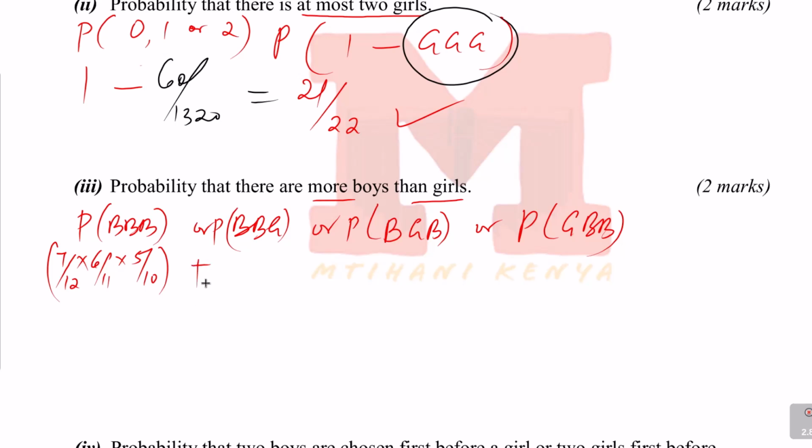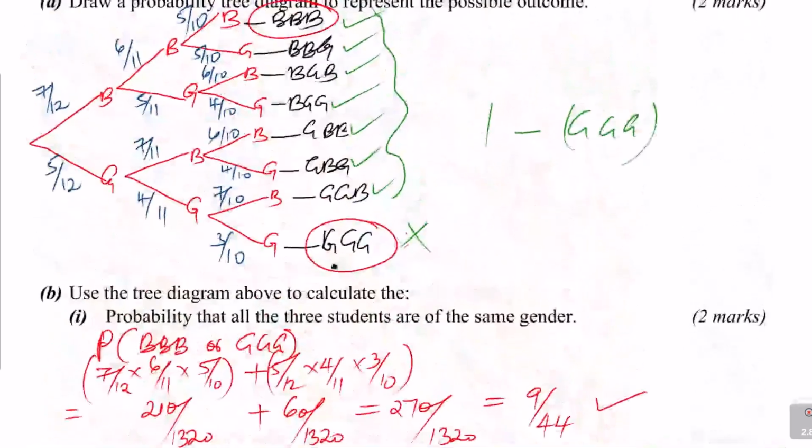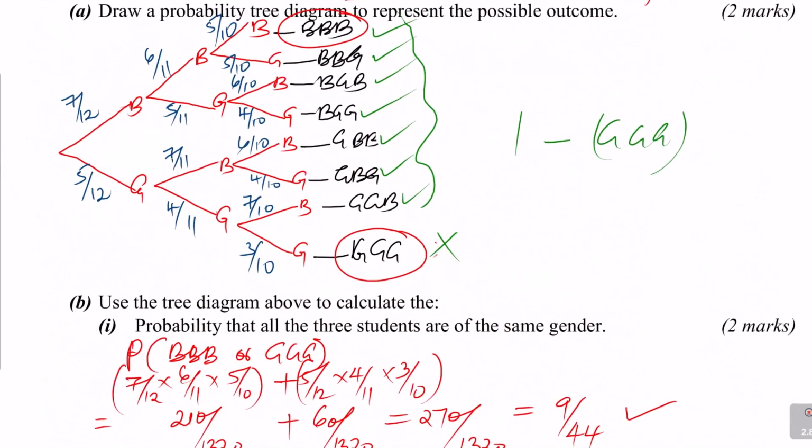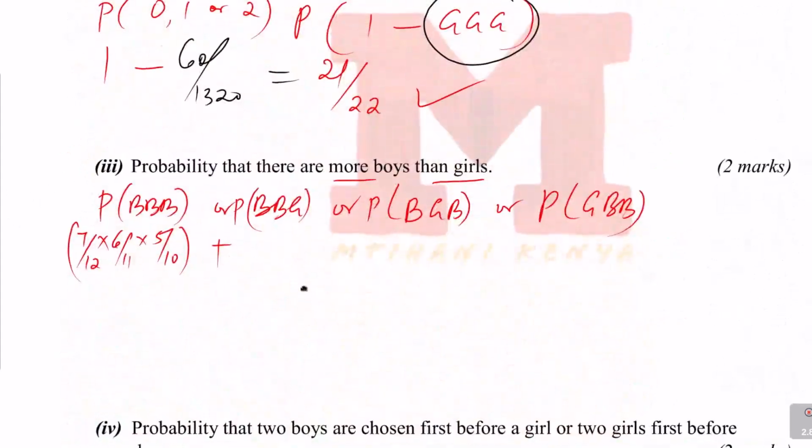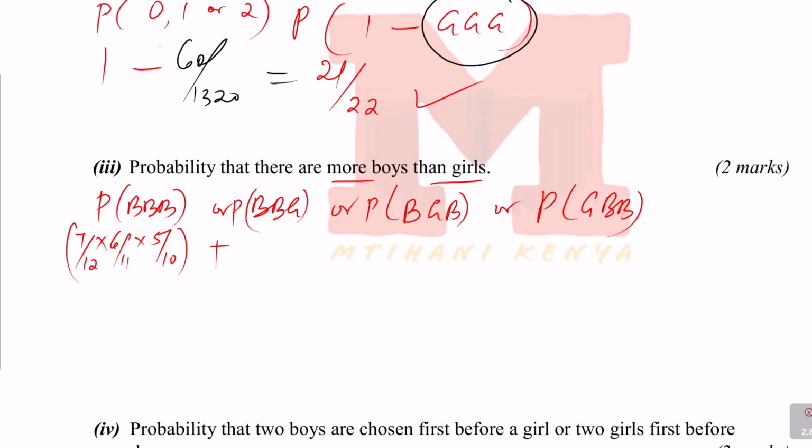Then plus boy, boy, girl. Going to the diagram, what we need here is boy, boy, girl, so you multiply this, this, and this: 7/12 times 6/11, and then 5/10.